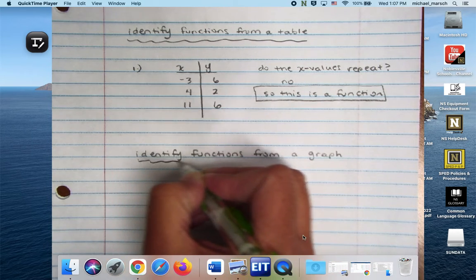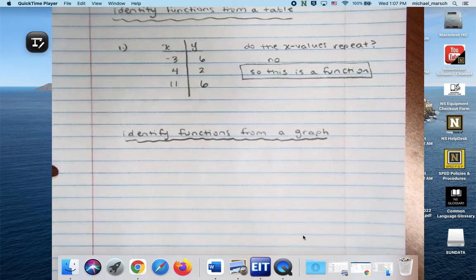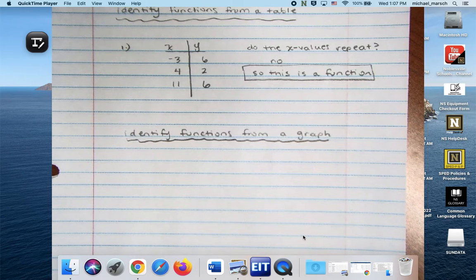That's the only example we're doing for that table. And then we're going to move on to identifying a function from a graph.